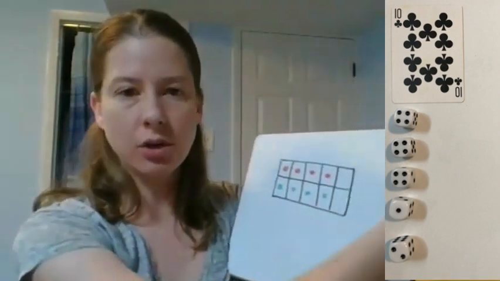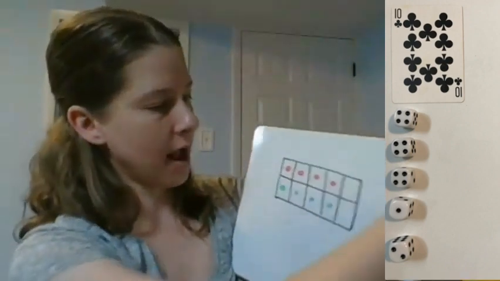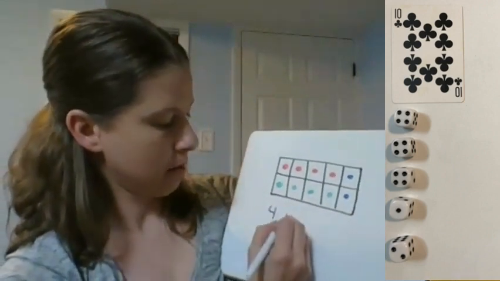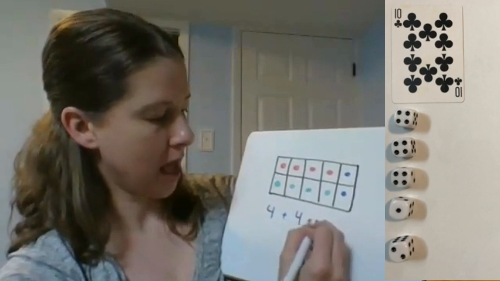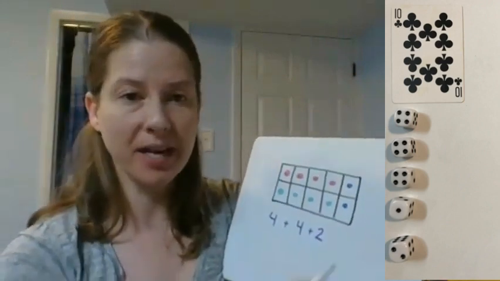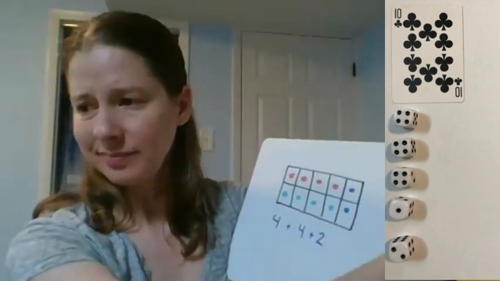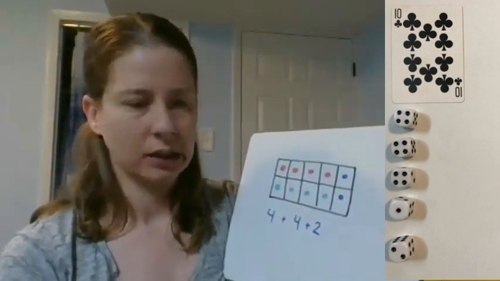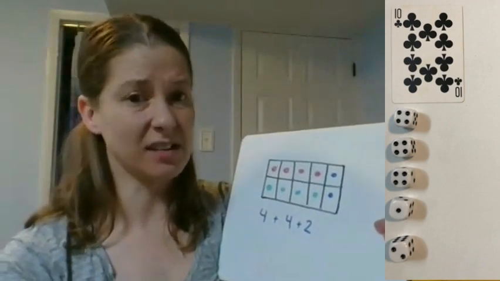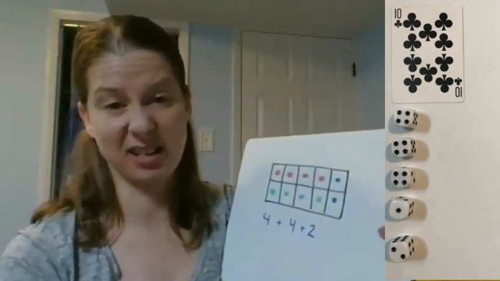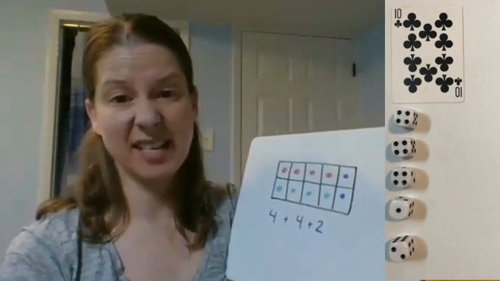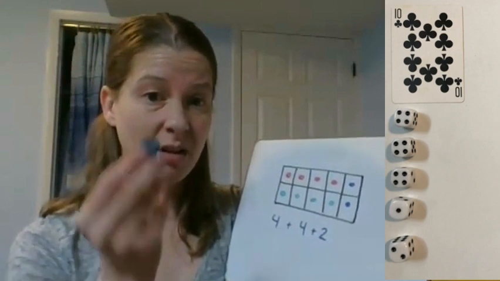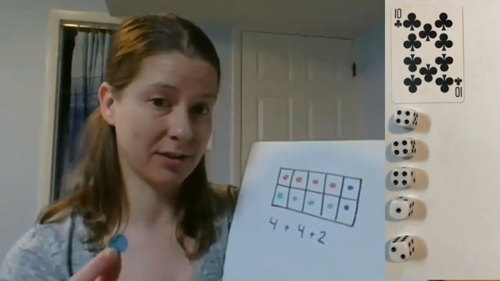If I use that 2, 4 and 4 and 2 make 10. 4 plus 4 plus 2 would be 10. Can I do anything else with that 4 and that 2? I don't think so. It's possible. Maybe I'm not seeing something. But I just made 10 one time. So for this roll, I get 1 point.